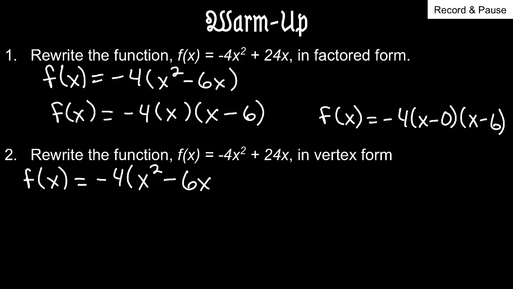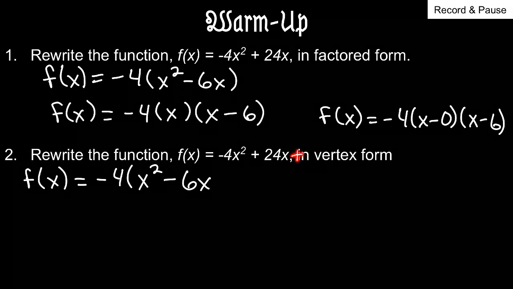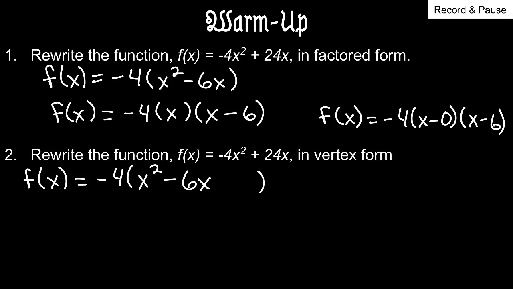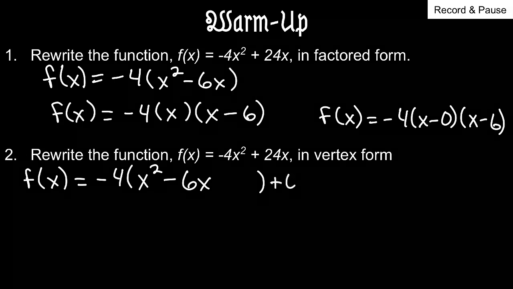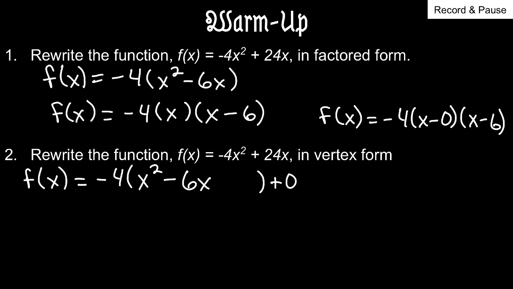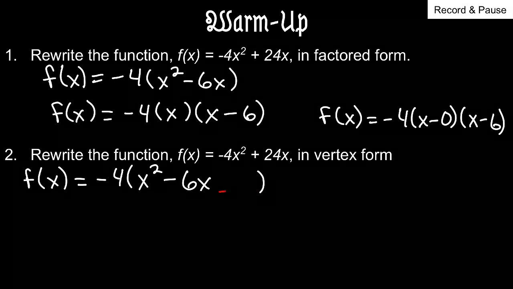And then really, it's +0 here is how we can see that. So our C value there is 0. So I'm going to leave a blank. I could say +0 here, but I don't need to do that. I'm going to make my blanks like that.